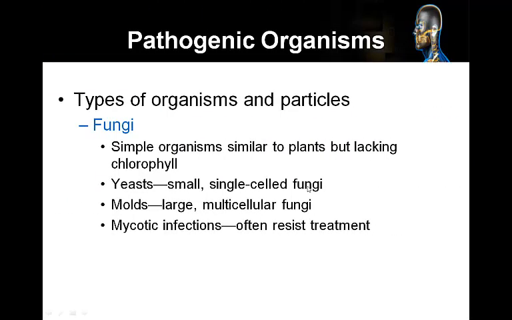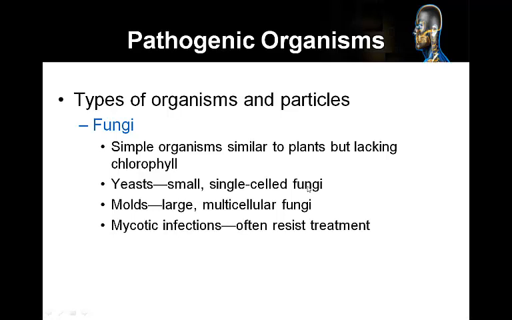Another type of pathogen present in the infectious process for human beings is fungi. Fungi can make up a few different classifications. We've got yeast, molds, and mycotic infections. These can be pretty difficult infections to treat, and they're all over the body. A lot of folks will think of fungi associated with athlete's foot, perhaps. But there are other types.